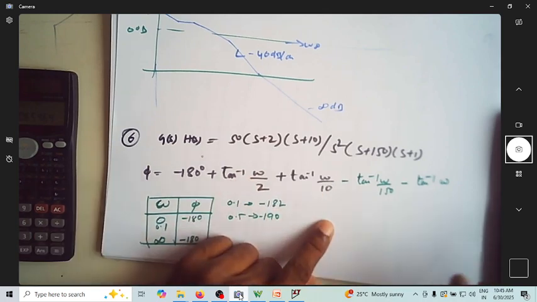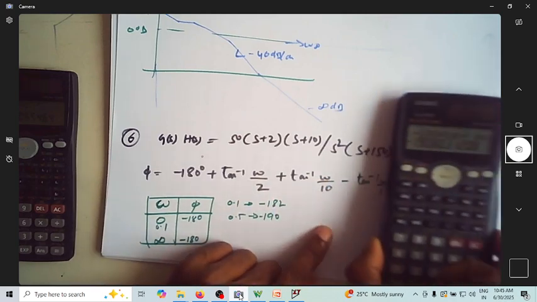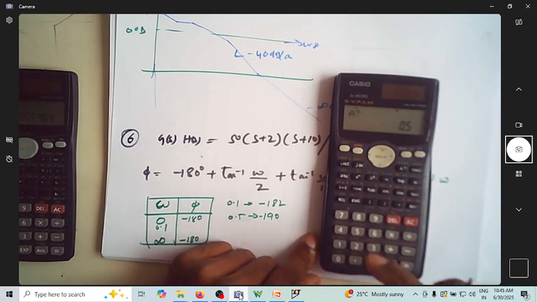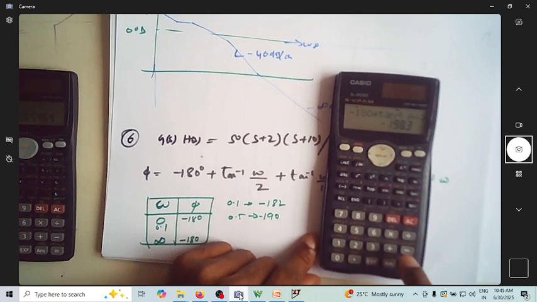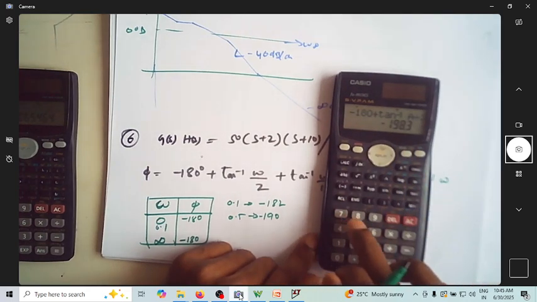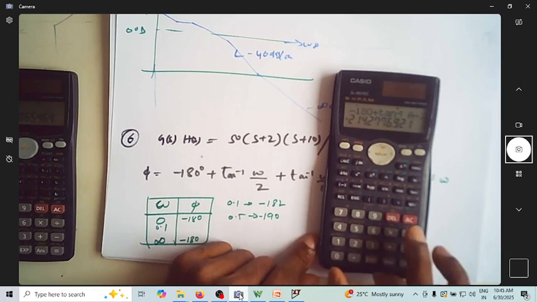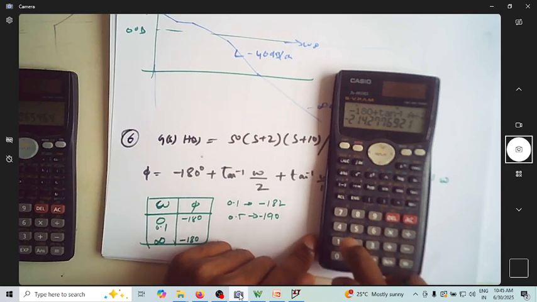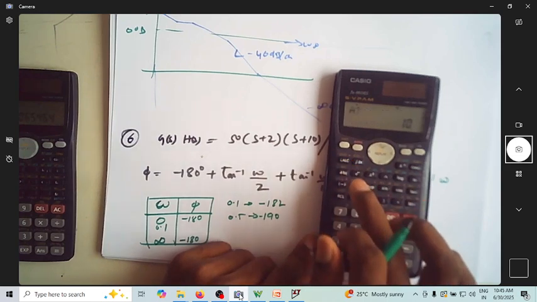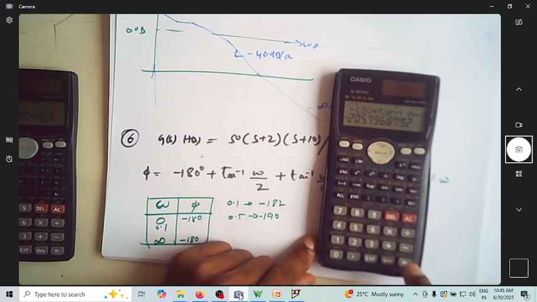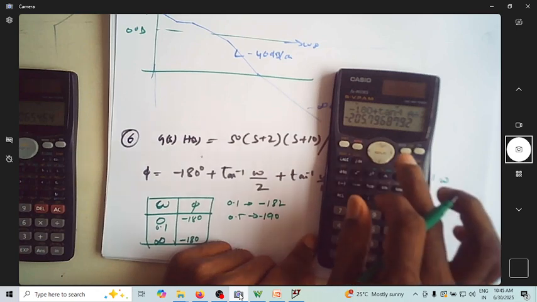If you can see here, let me calculate for a bit larger value of omega. At 1, you can see it is this. Calculate for 10, it is this. Calculate around 2, it is this.